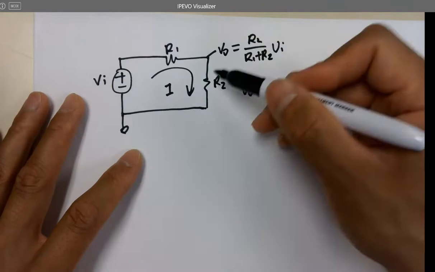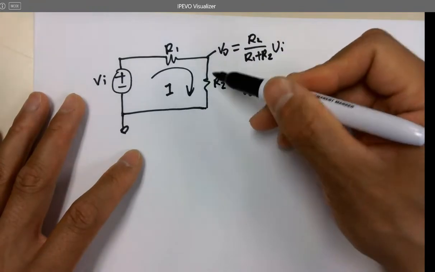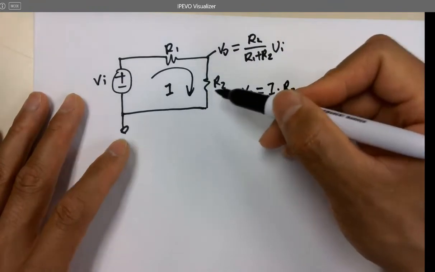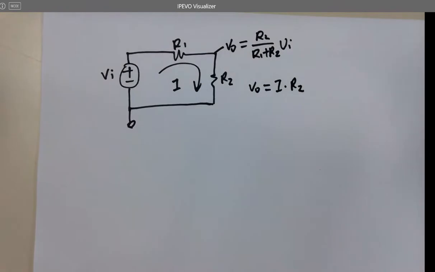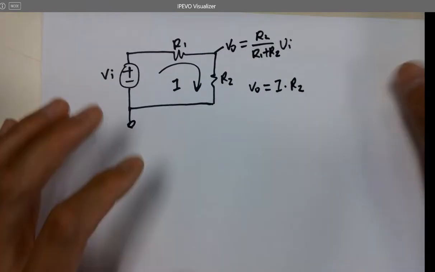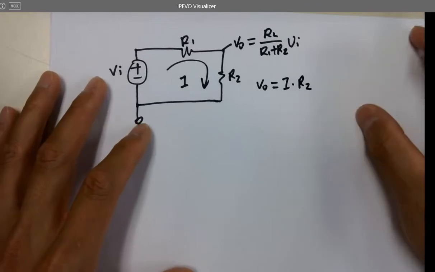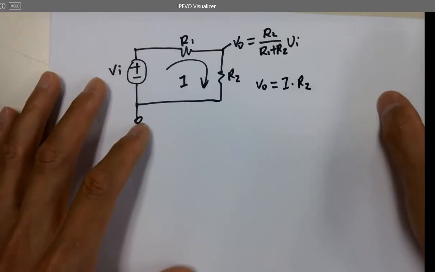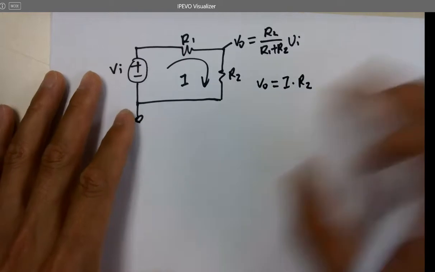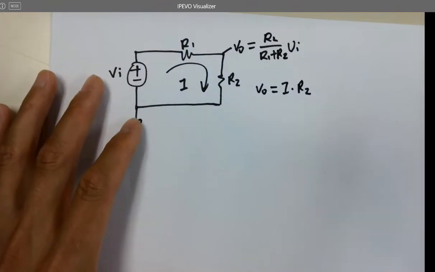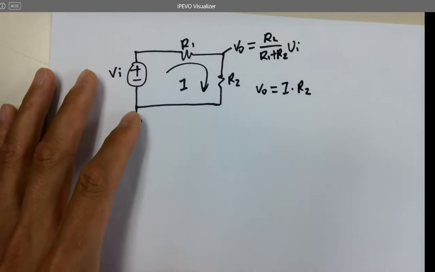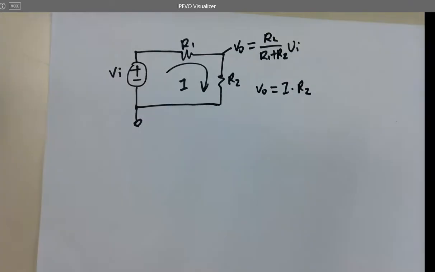Ohm's law, right? A current flows through a resistor, then there will be a voltage drop. So if you're in an interview and they ask you, what is Ohm's law? If you say whenever a current flows through a resistor, there's a voltage drop, that's a 5-star answer.